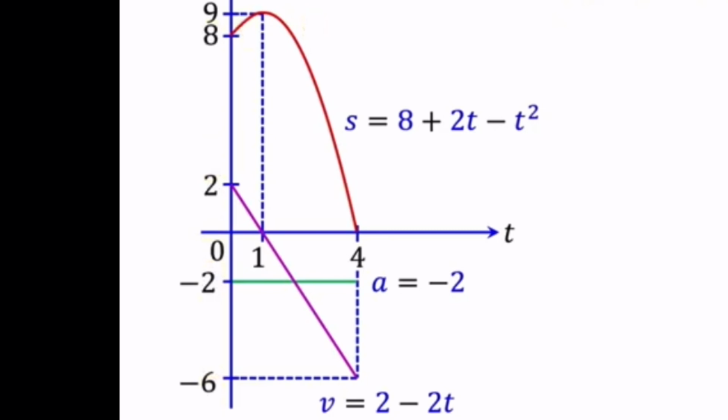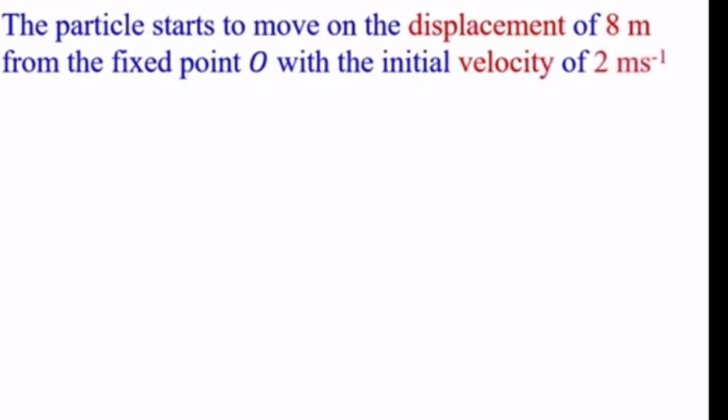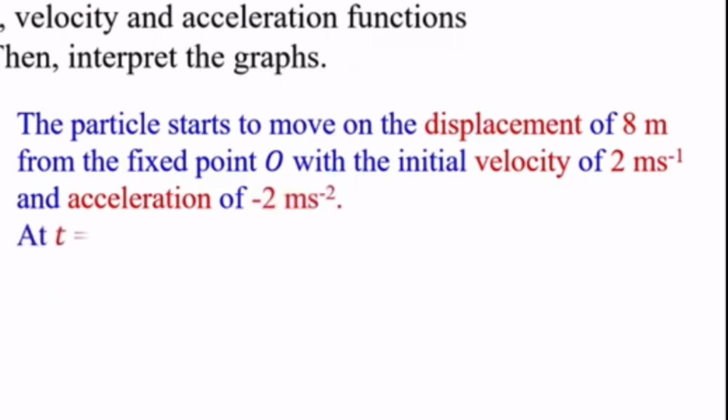So I'm going to describe the movement of the particle using the keywords. The particle starts to move at the displacement of 8 meter from the fixed point O with the initial velocity of 2 meter per second and acceleration of negative 2 meter per second squared.